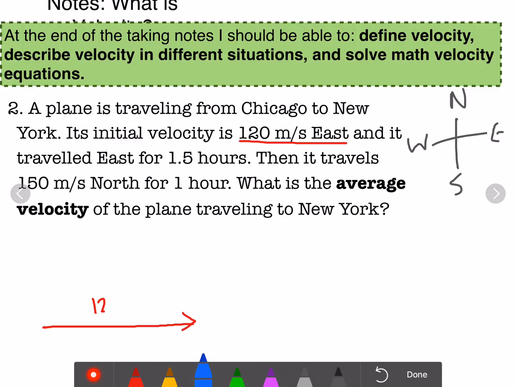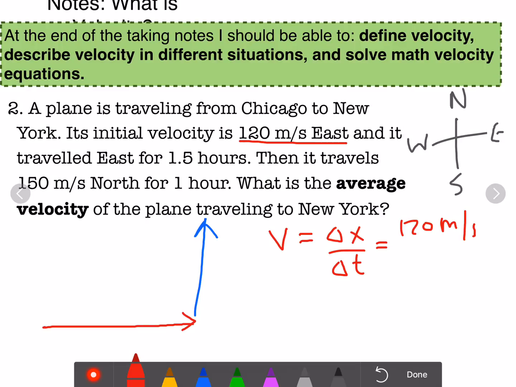What I'm going to do first is find the velocity of each. So v is equal to change in x over change in t.